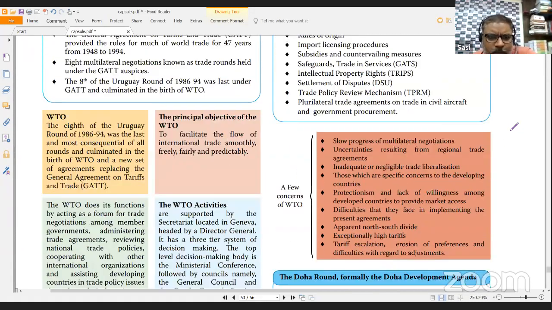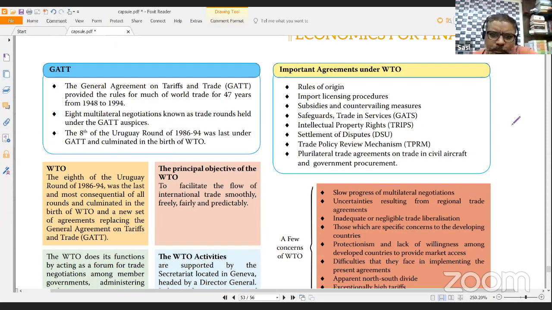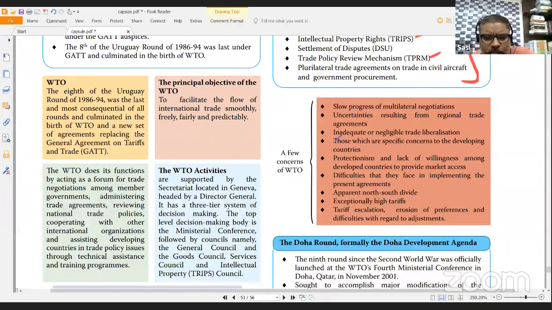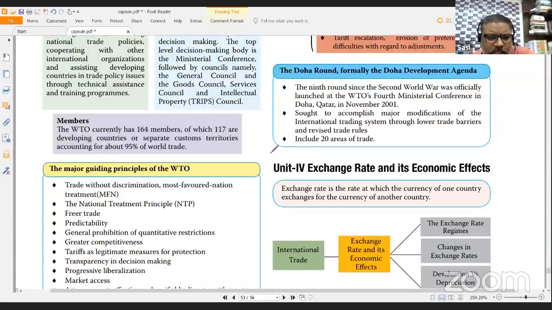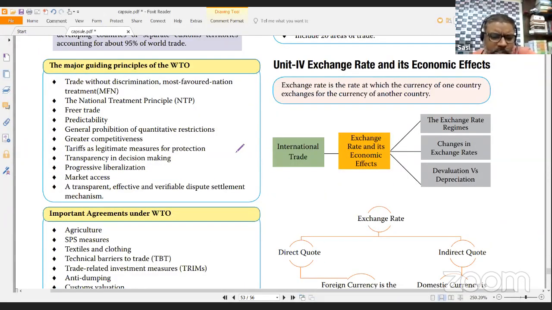Each of them is a short note question. And what are the important agreements related to WTO, TRIPS, TRIMS, etc.? All these things are part of international trade. Again, it's more or less like reading a newspaper or a social studies textbook than anything particularly about economics.